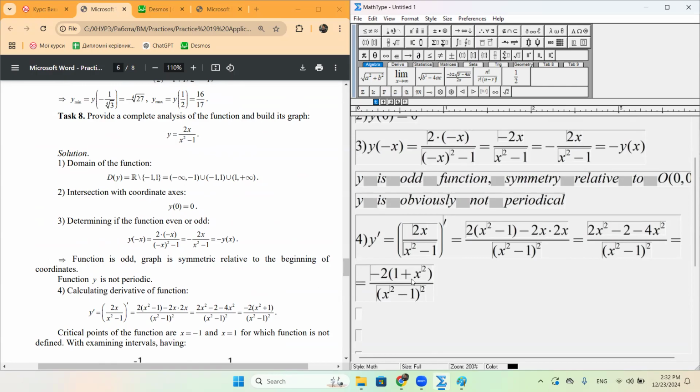But we need to mention that x equals -1 and x equals 1 are critical points. By the way, it is always negative.